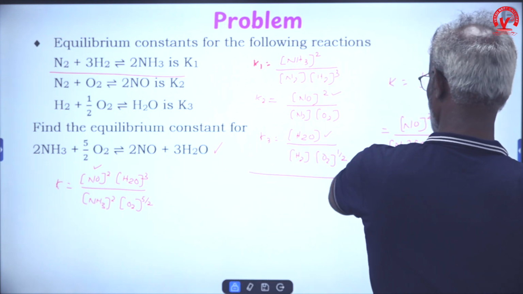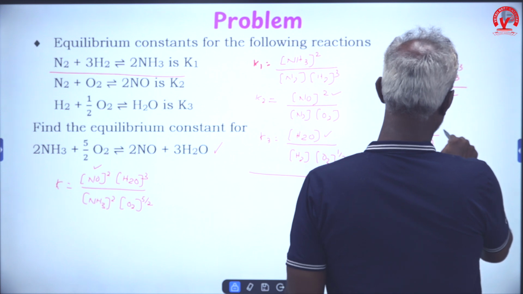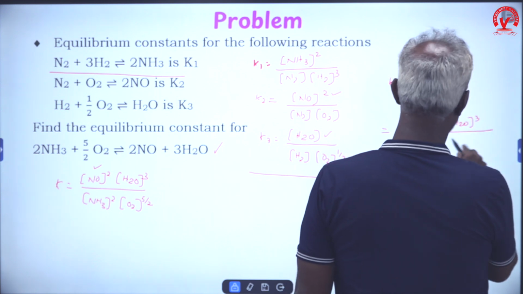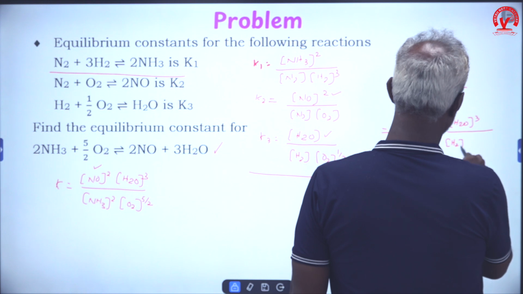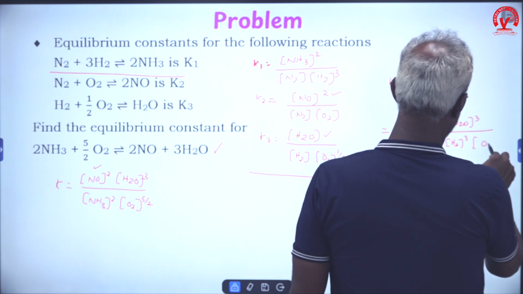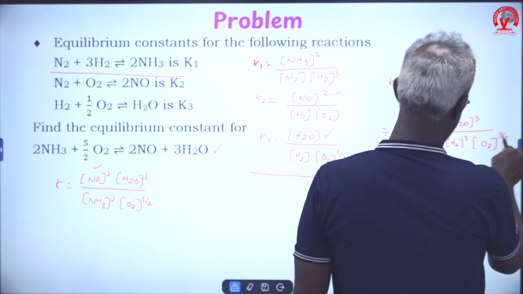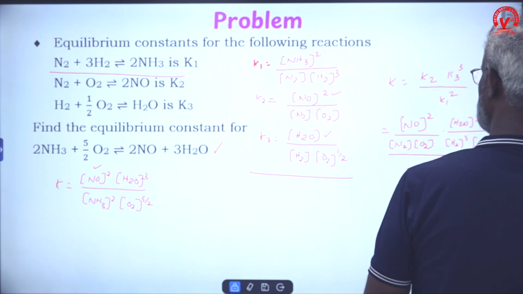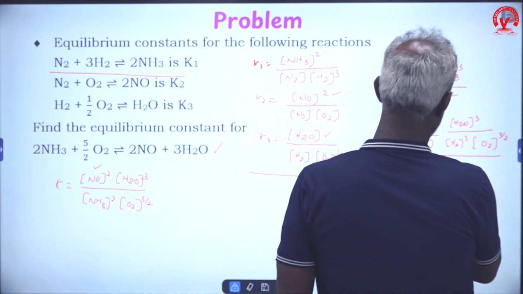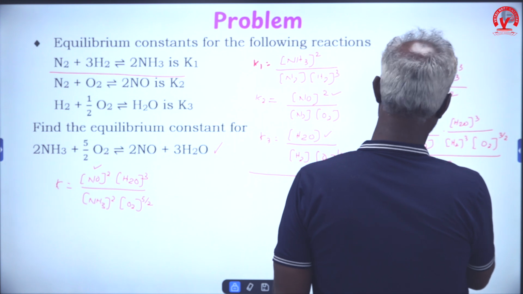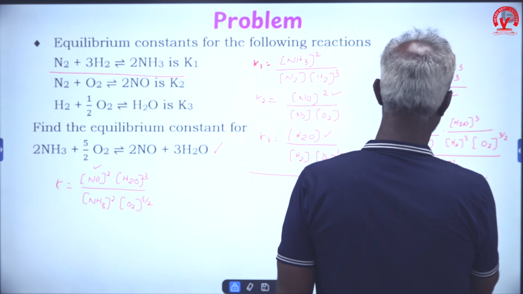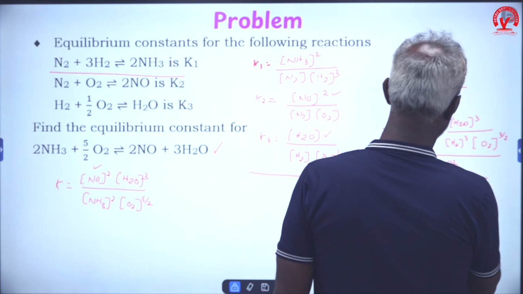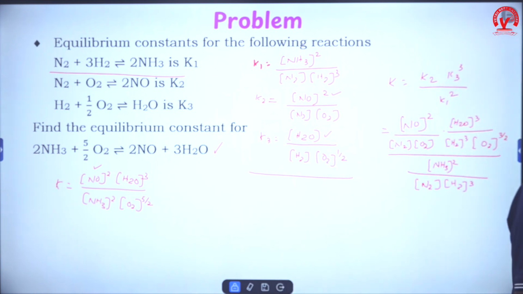Then K3 cube, that is H2O cube divided by H2 cube O2 cube, which is O3 by 2, right? Divided by K1 square, which is NH3 square divided by N2 and H2 cube, right?